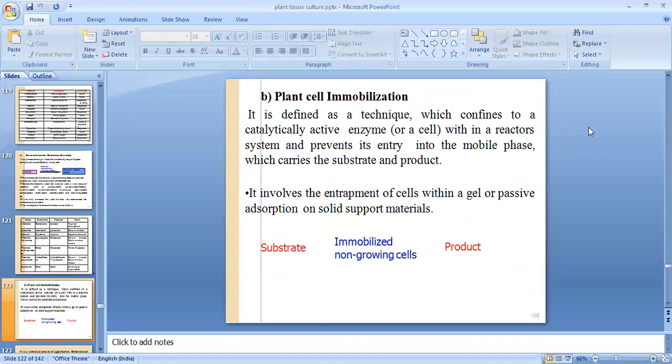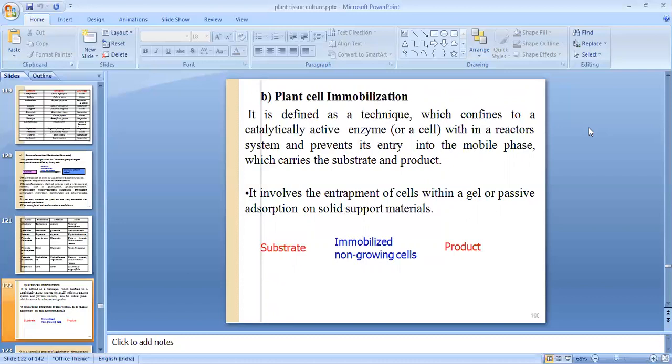That is nothing but a technique in which the catalytically active enzyme or cell within the reactors or a system is made static so that its entry into the mobile phase can be reduced.